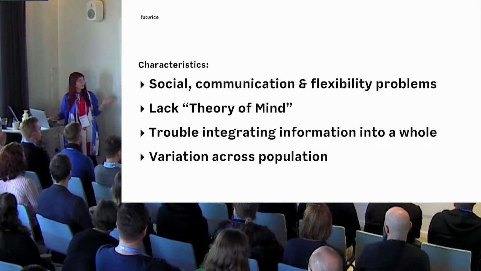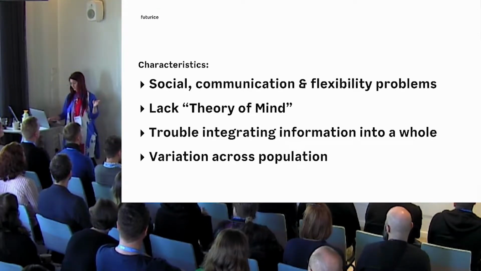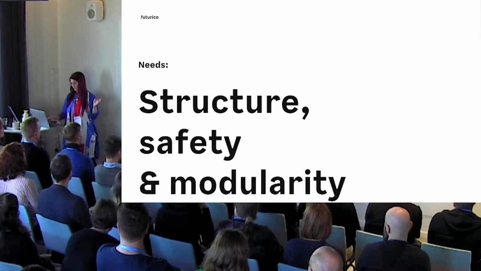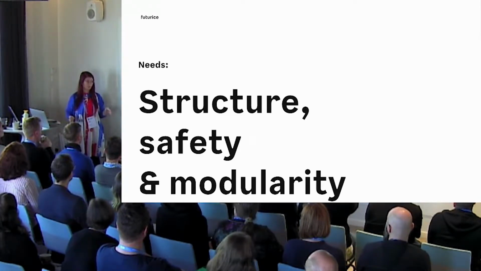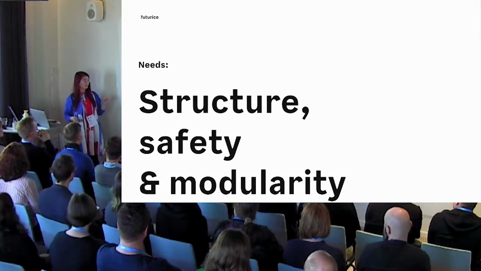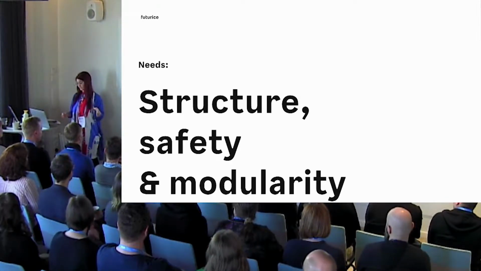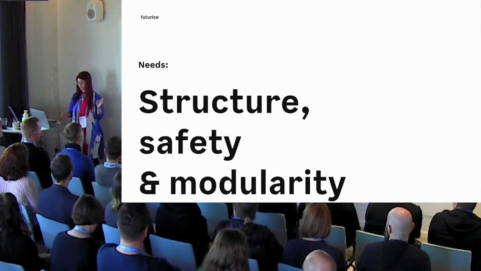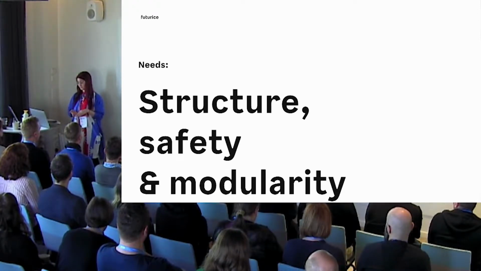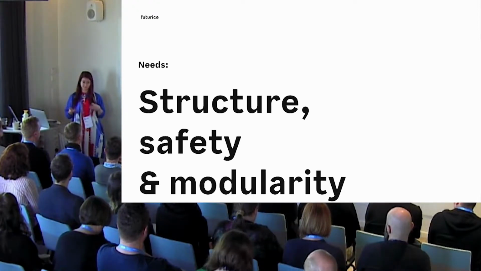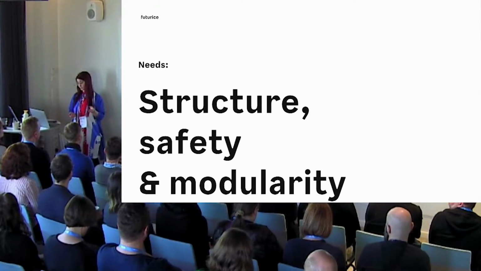Once we defined these characteristics of people with autism, then we can define what they might need in a robot. Structure, safety, and modularity were things that we thought would be very important. Since people with autism have problems with flexibility, having structure is really important.